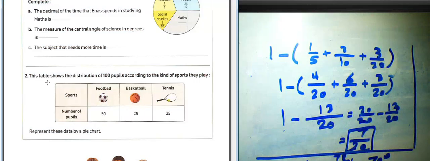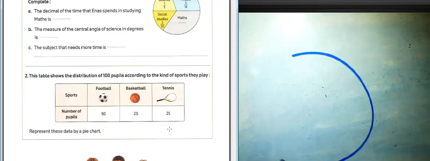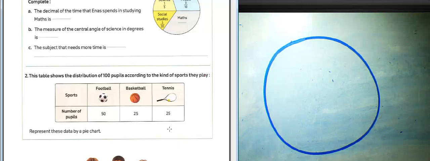Question number 2. This table shows the distribution of 100 pupils according to the kind of sport they play. Sport and number of pupils. Represent the data by a pie chart. We can draw a circle and divide it here. A little part about football and basketball. Draw here a circle, and we can divide this circle.